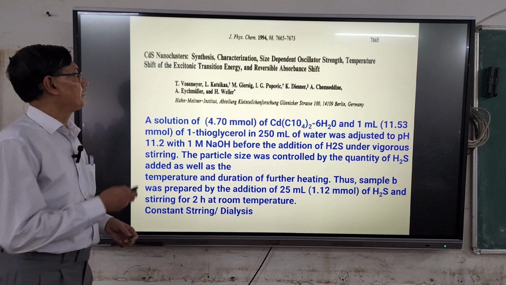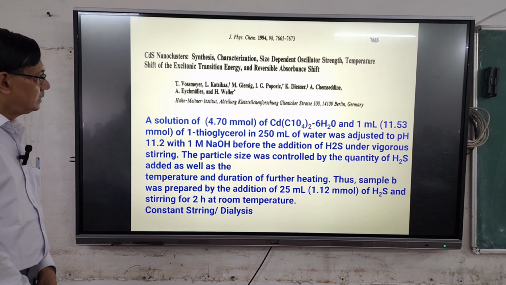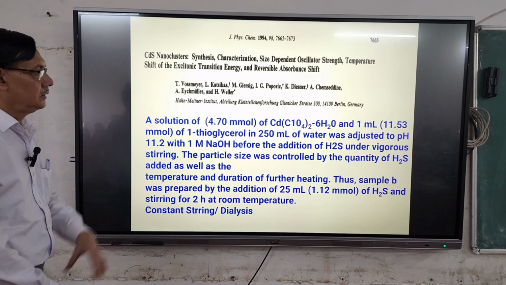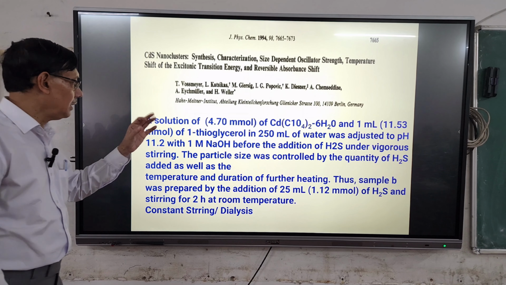Now, this is a very, very important research paper, and I think this is one of the simple methods by which one can prepare this with the help of a very simple solution.